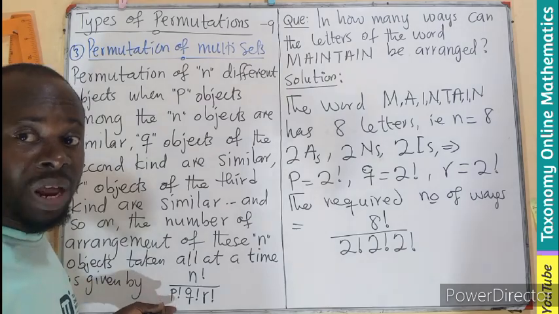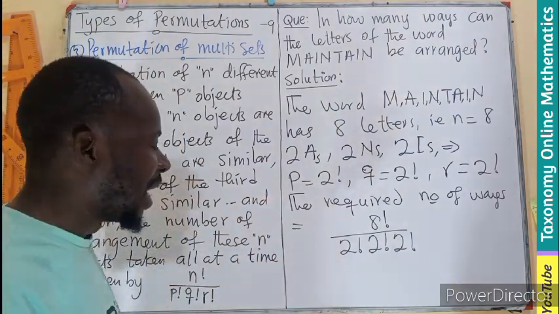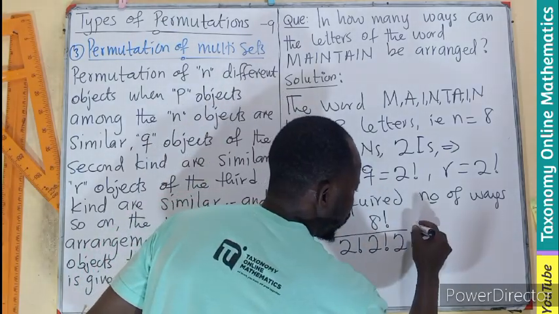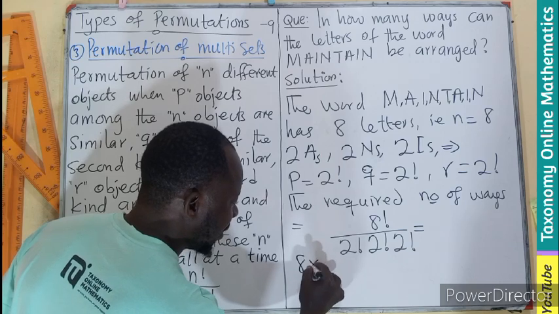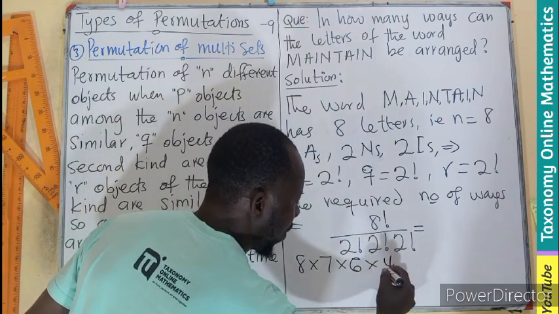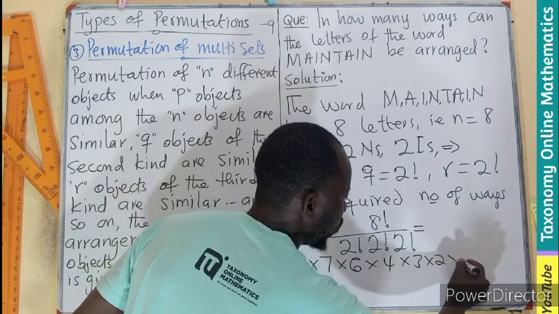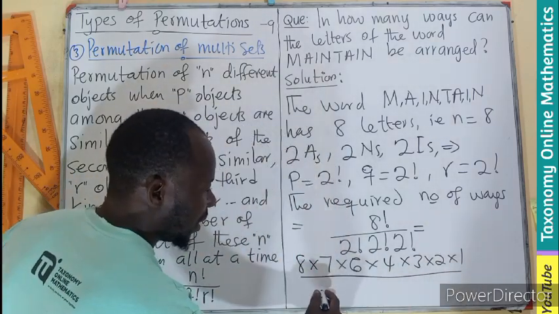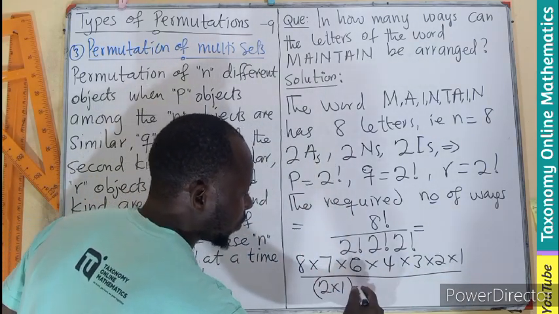From the formula, this will be the second approach. So we have 8 times 7, 6, 4, 3, 2, 1. I could have brought in a factorial, but let's leave it that way. Each 2 factorial is 2 times 1, which is 2.